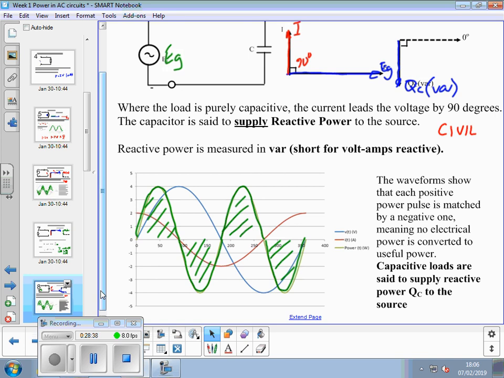So when an inductor's pulling reactive power from a source, a capacitor will be giving it back. When a capacitor is drawing it, when it's charging up, the inductor will be giving some back. So they work with each other to offset each other, as you're going to see later, and that's the principle of a topic called power factor correction, which will come in a bit later.